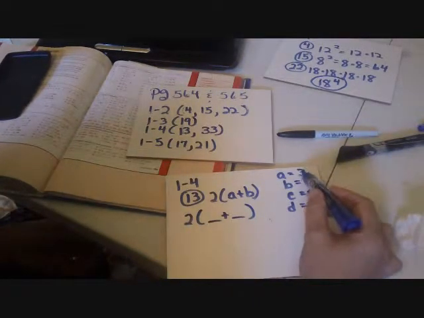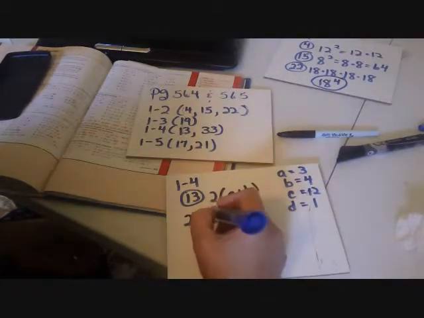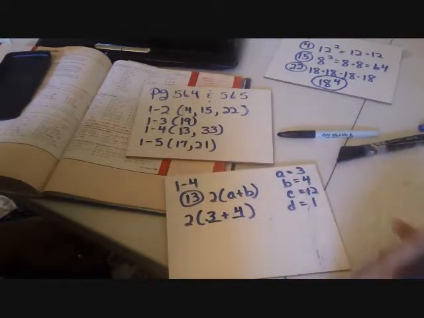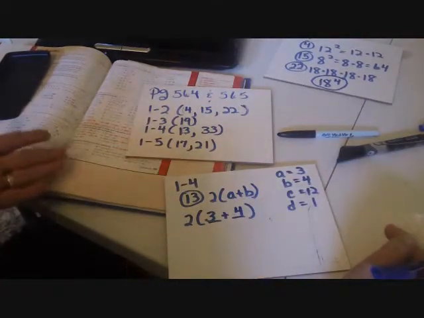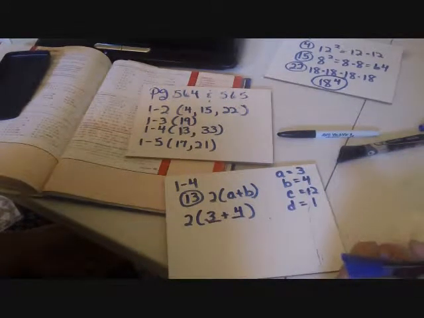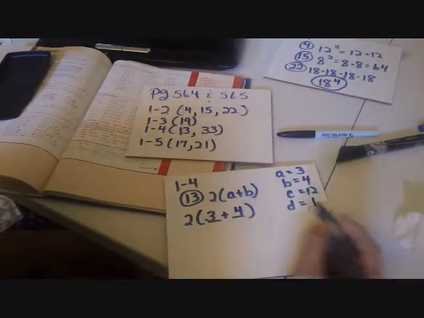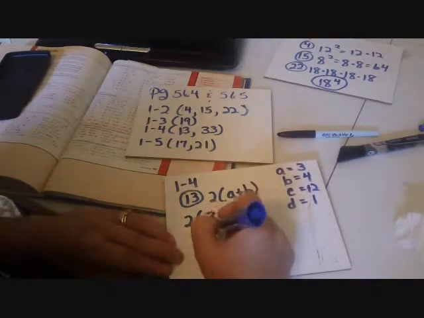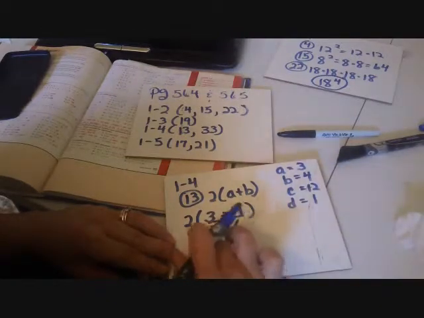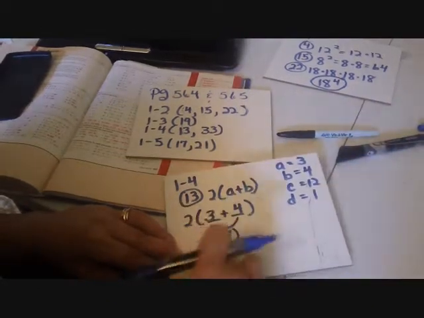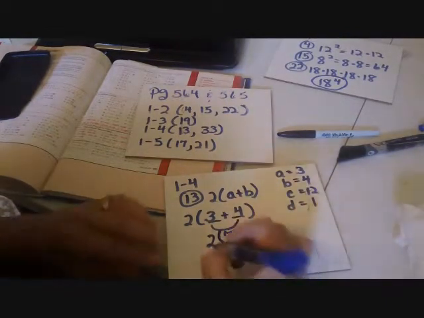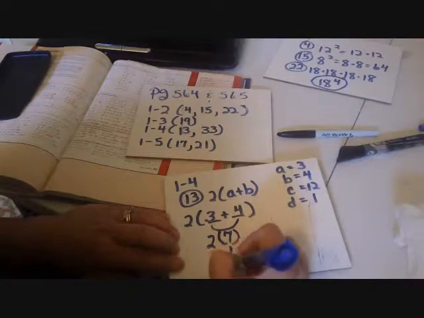A has a value of 3, so I'm going to plug that in here, and b has a value of 4. Now, I can't forget what I learned before about the order of operations. I still have to follow the order of operations. So it says that I do parentheses first. So 3 plus 4 is 7. And then I say 7 times 2, which is 14.